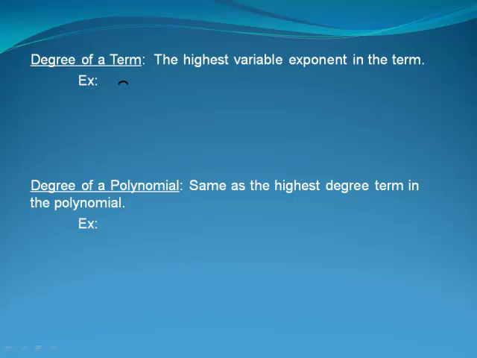So for example, if I gave you this monomial and I said, tell me the degree, you would agree with me that that's the same as 3x to the first, and there's only one variable there, so by default that's going to have the highest degree. There is a degree of 1 attached to that x, and therefore the degree of that whole term is going to be a degree of 1, or it's said to be a first degree term or a first degree monomial.